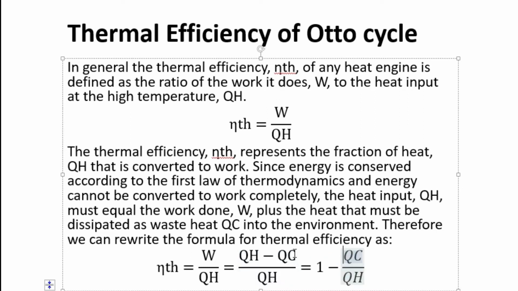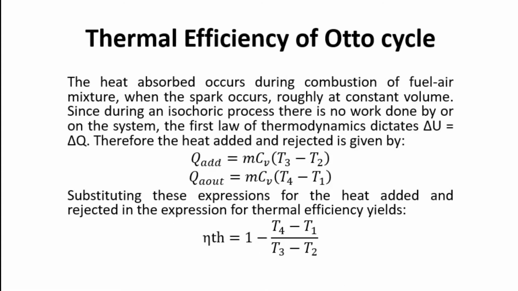Now we will find out the heat added and heat rejected values, using these formulas. As you know, heat is absorbed during the combustion of the fuel and air mixture, and during the spark constant volume is achieved. So this is our isochoric process.